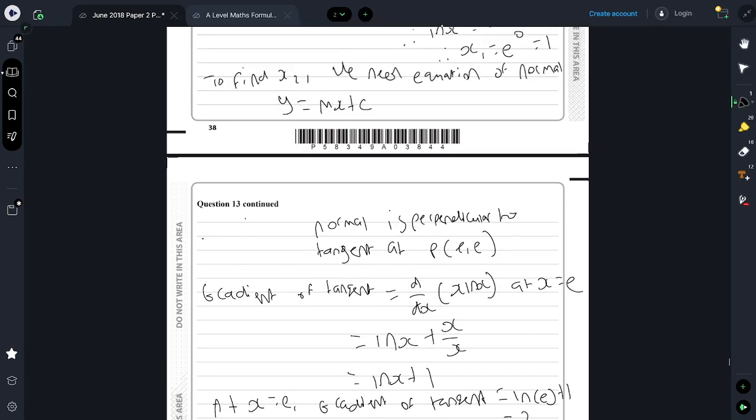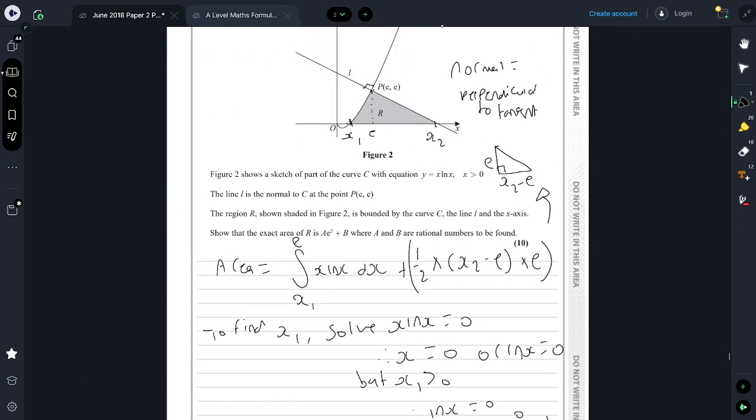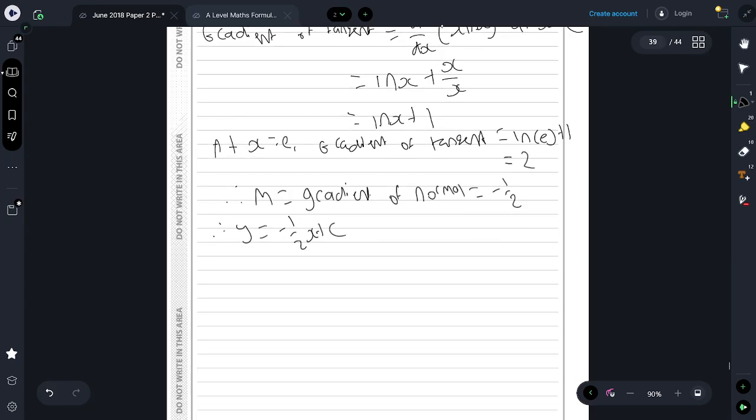Now, how do we find c? We can substitute a point in. We know that this point P, (E, E), is on the normal, because it's the normal at that point. So substitute the point (E, E) into the normal.